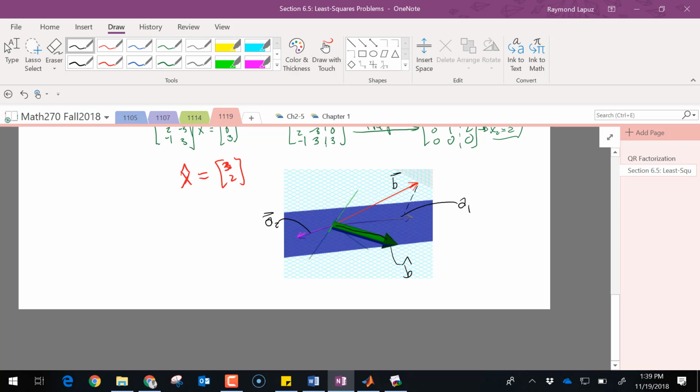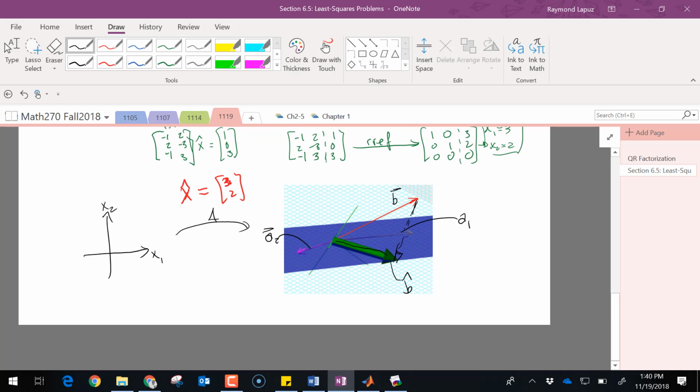And B projects onto the plane perpendicular. And then somewhere over here is your X in 2 dimensions, where the matrix A brings everything over there to this other space. So in 2 dimensions, we have 3, 2.